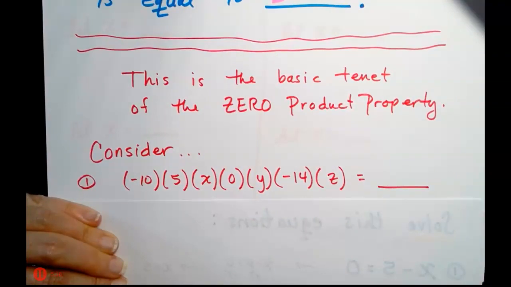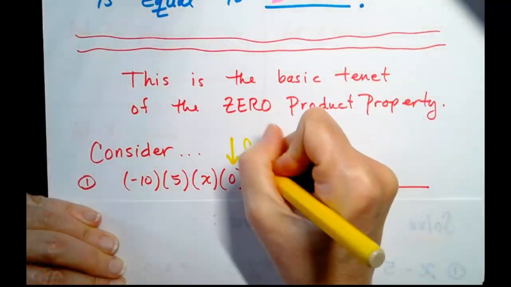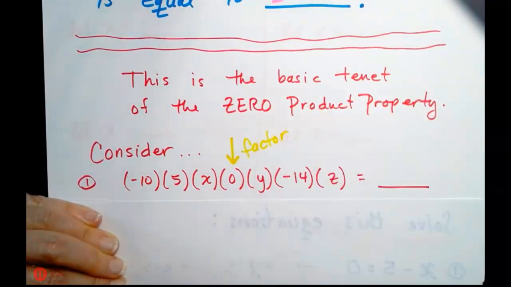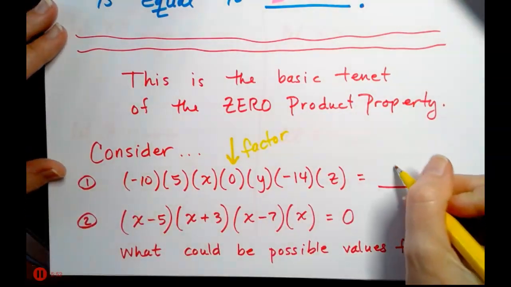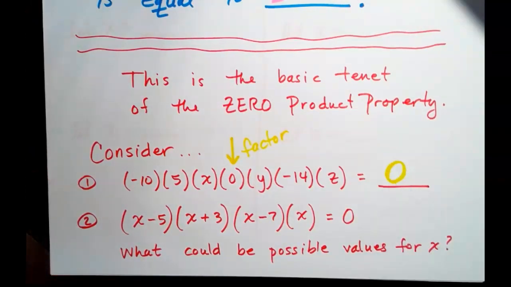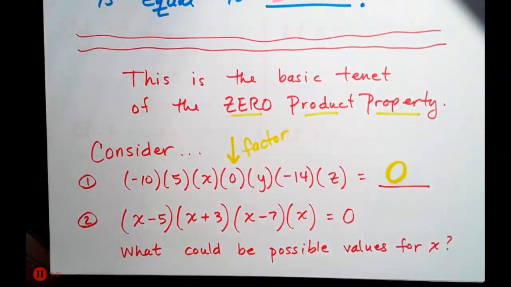Well, because just one of the factors is equal to 0, and it only takes one. If just one of the factors is equal to 0, then the entire product is 0. Zero product property. If just one factor anywhere is equal to 0, then the entire product is 0.